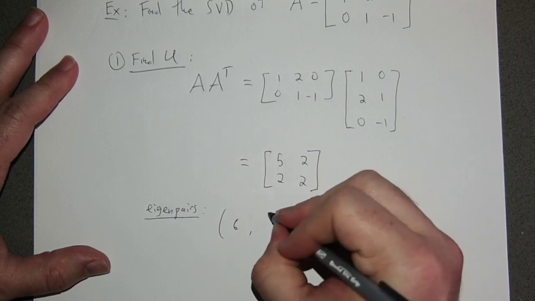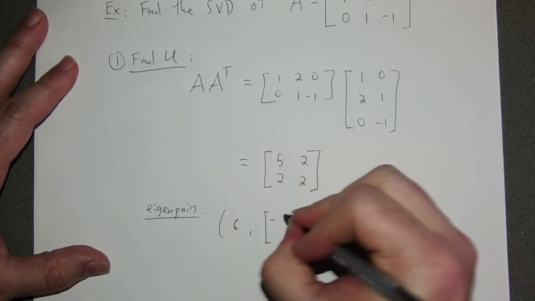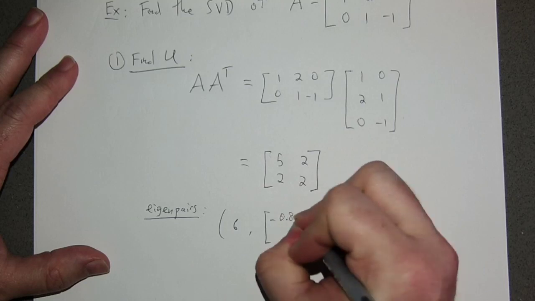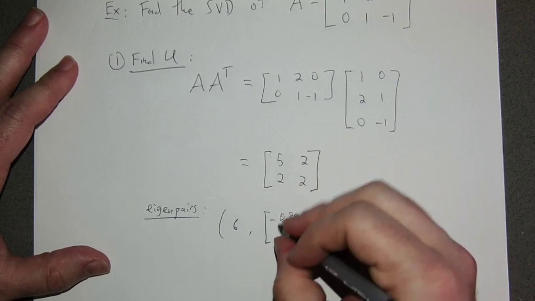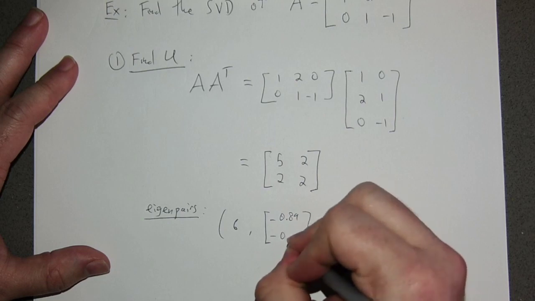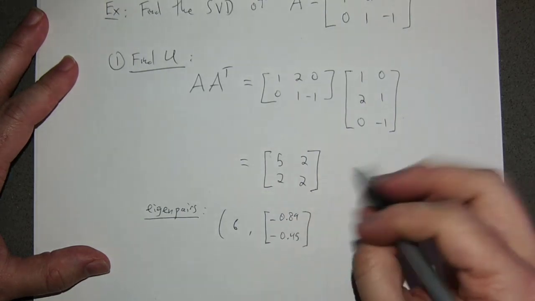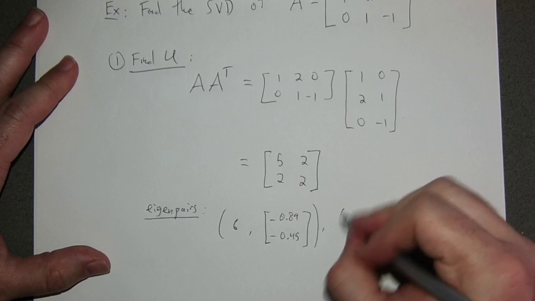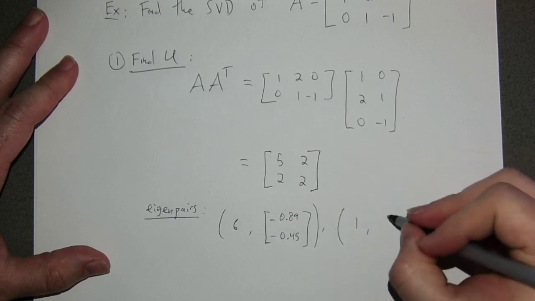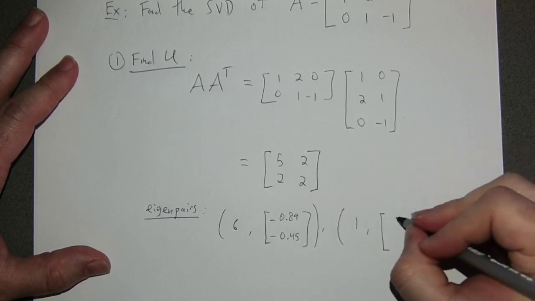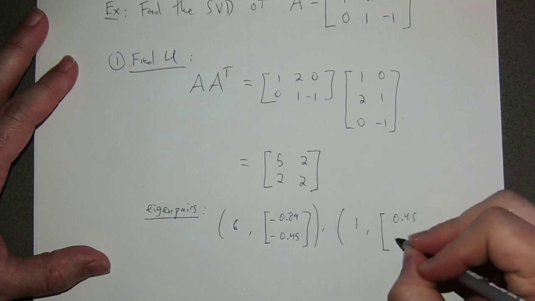It's 6, with eigenvector minus 0.89, minus 0.45, and the second eigenpair is 1, with eigenvector 0.45, minus 0.89.